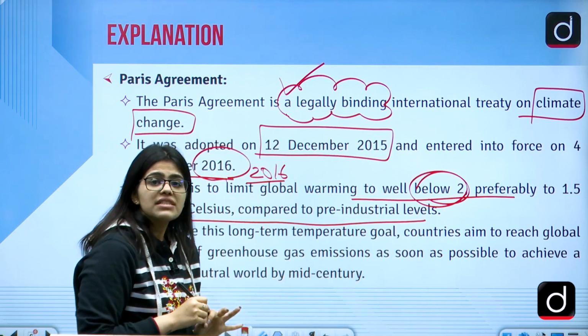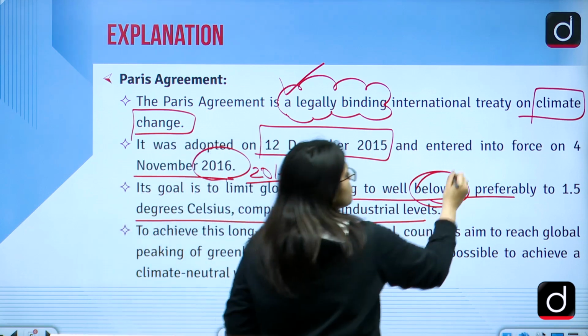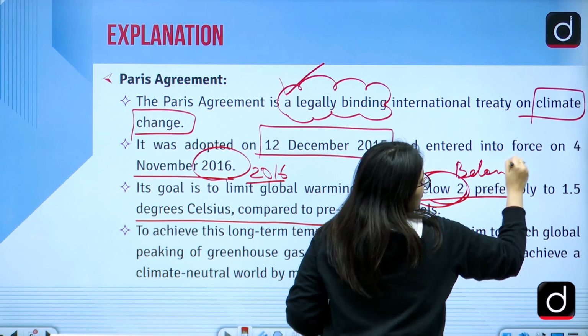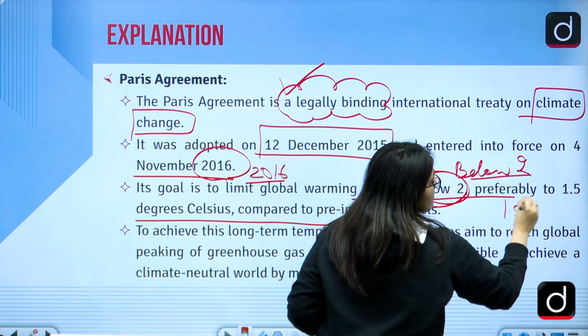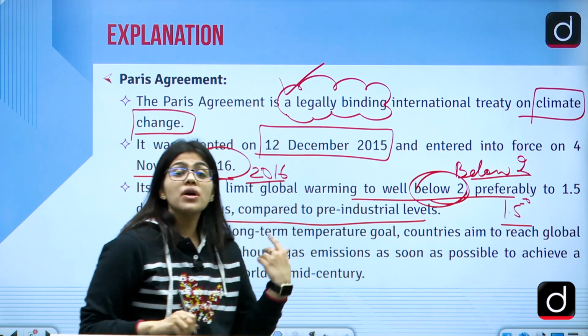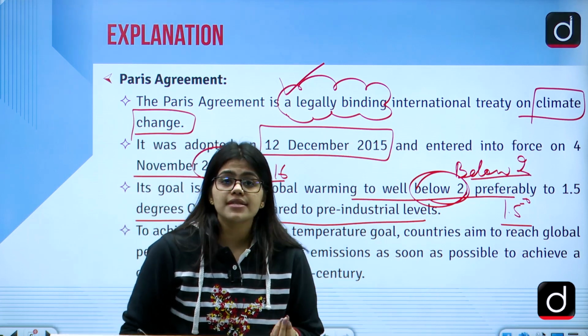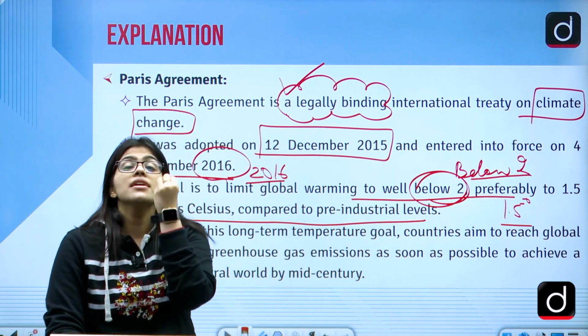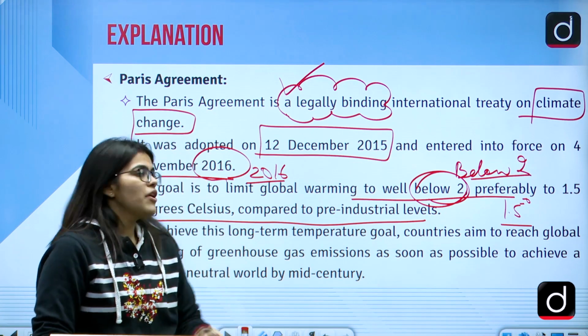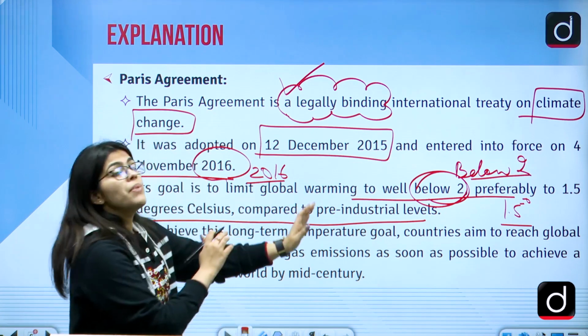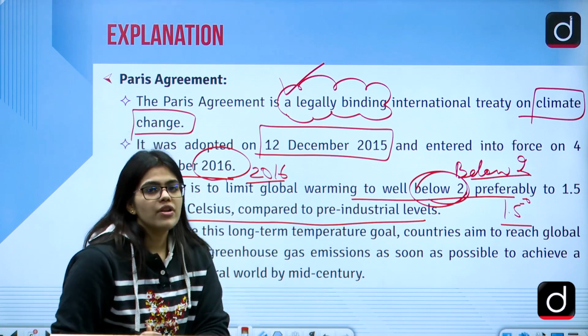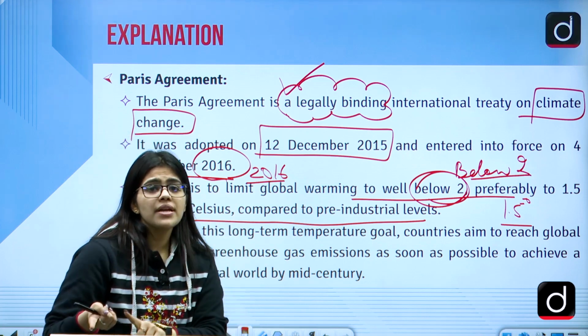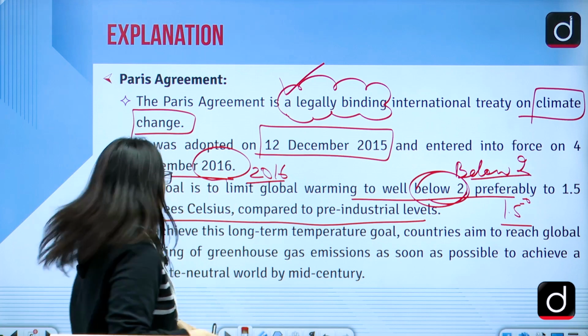They have asked all these figures. You should remember it should be below 2, and the preferable figure is 1.5 degrees Celsius. But it was 3 degrees Celsius or even more. So you have to compare it with the pre-industrial level.